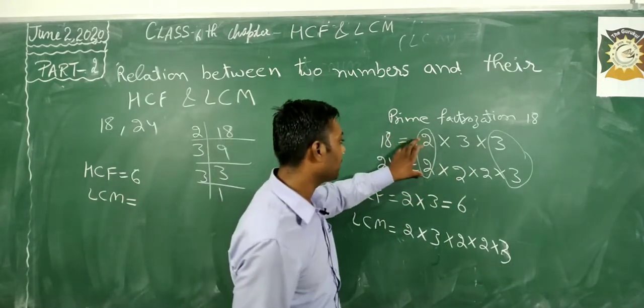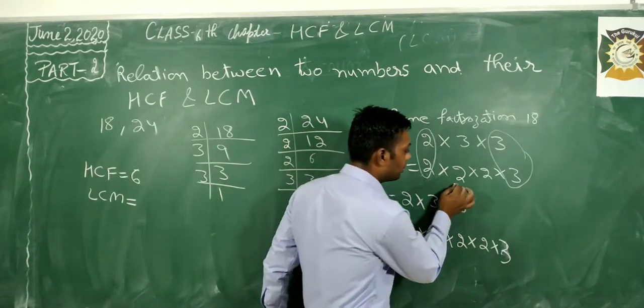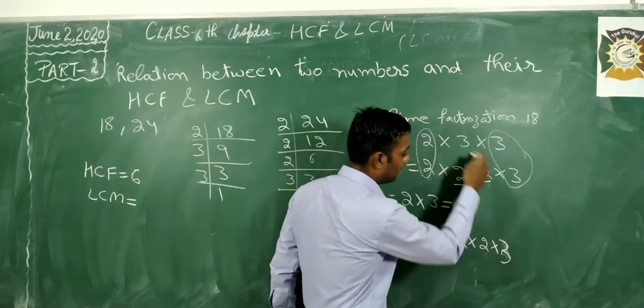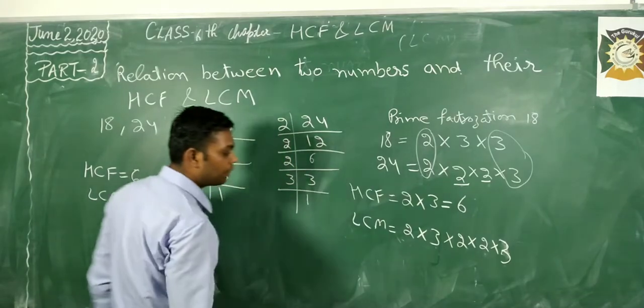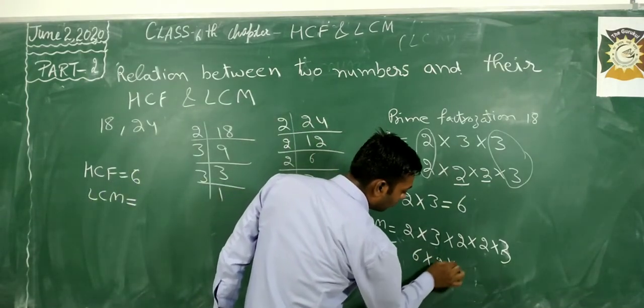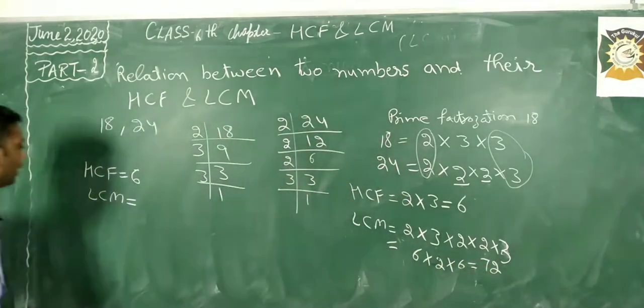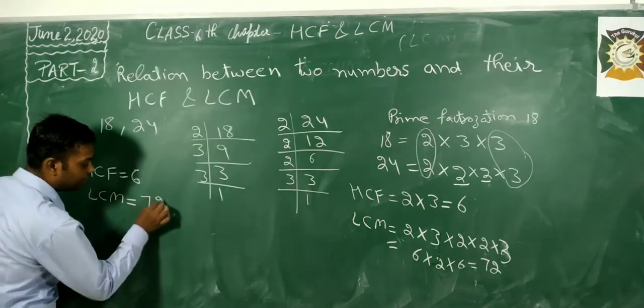First we pick up the common ones, 2, next 3, and next the remaining ones, 2, 2, and last is 3. Now multiply them: 6 times 2 times 2 is 72, and our LCM is 72.